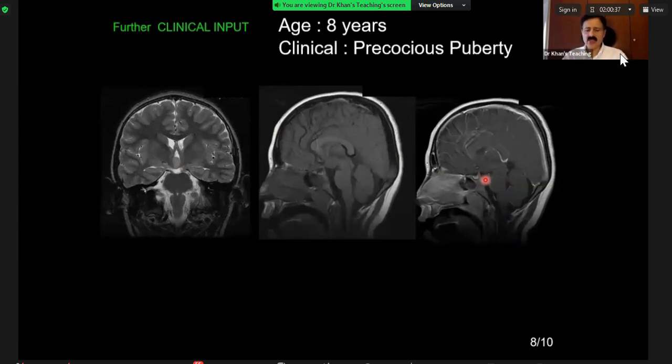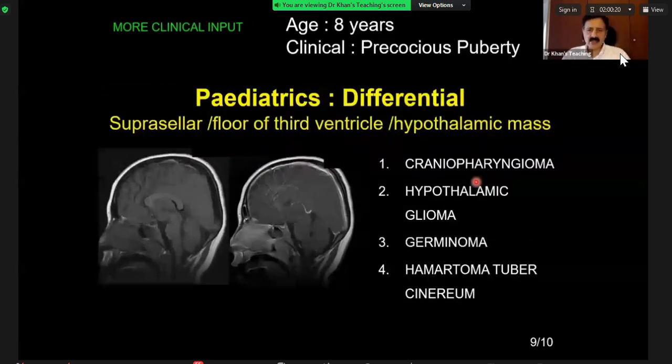imaging features. With that is the clinical precocious puberty. So these are children who might start menstruating at times at 2 years of age because of this hamartoma. It's a migration disorder actually. And so this is in a young age group, in a child.